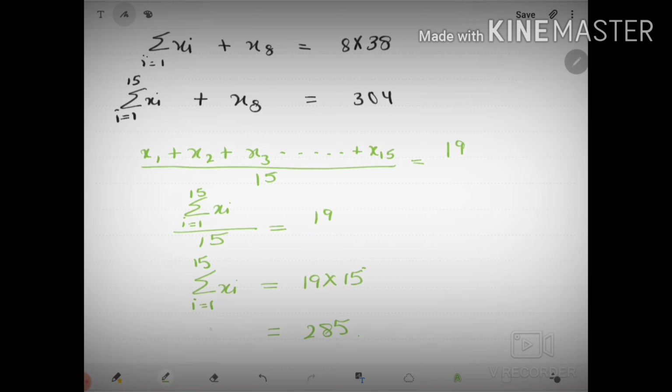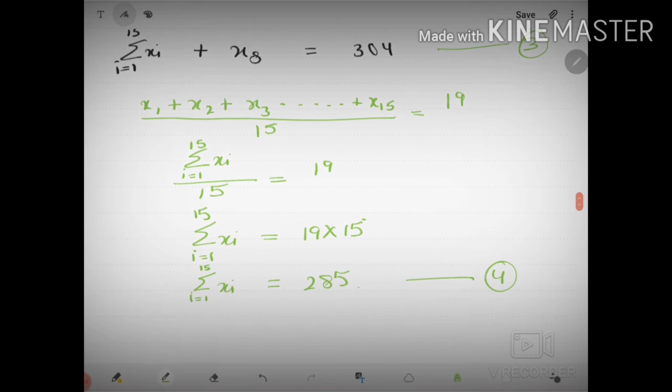I can easily replace it over there in the black equation written at the top. So let us replace it and find the value of x8. I will name this equation 4 and the previous equation 3, and put this value in the third equation.